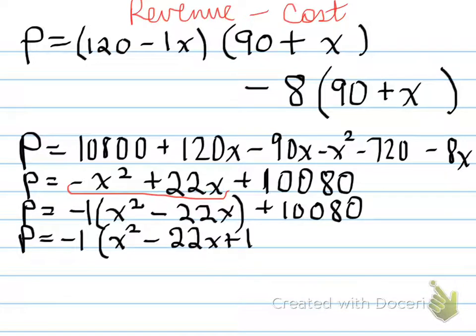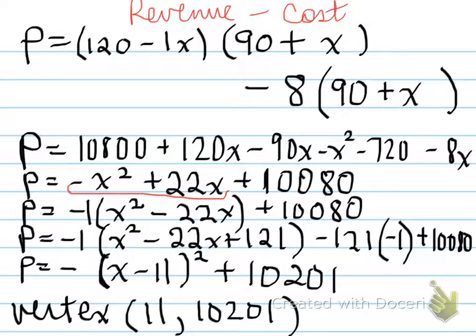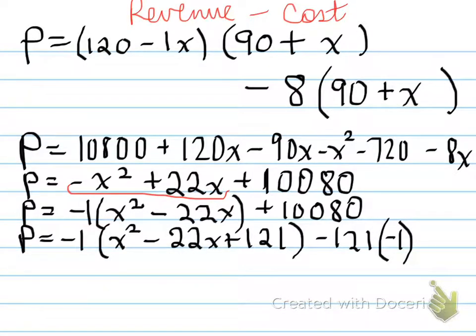We have a positive twin that stays inside, and we can immediately just push the negative twin on the outside. So I took the positive twin, which is negative 22 divided by 2 and squared, positive 121, and minus 121 is on the outside, multiplied by the jacket, which is negative 1.